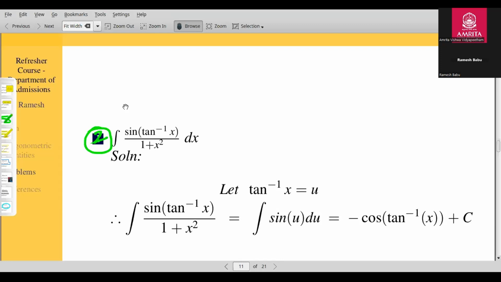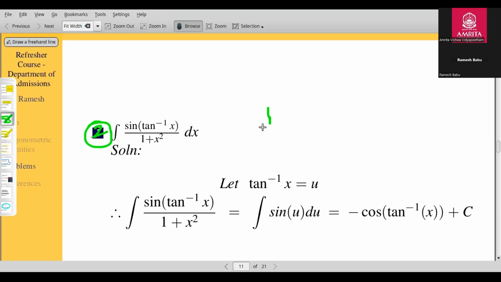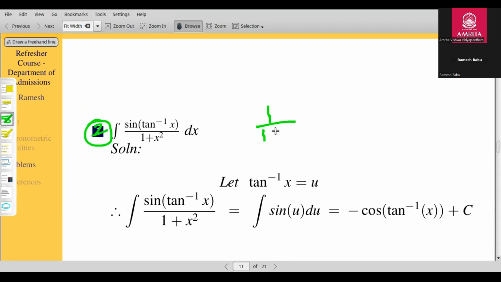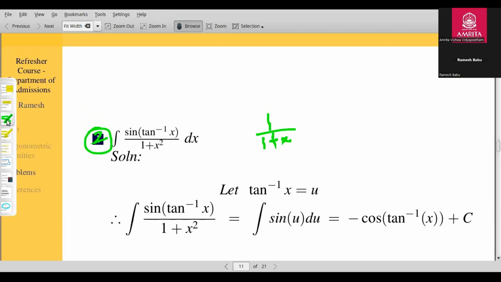So I can write down here, 1 over 1 plus x squared into dx is equal to du.